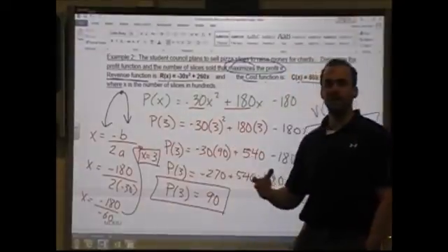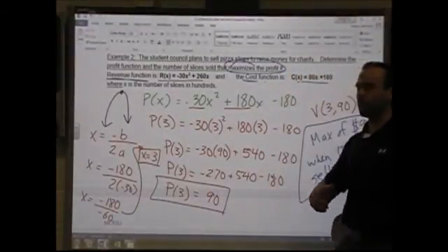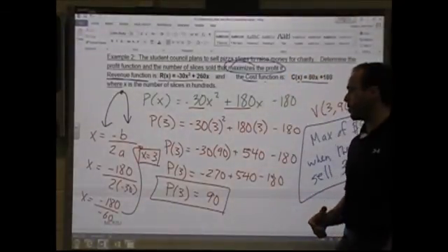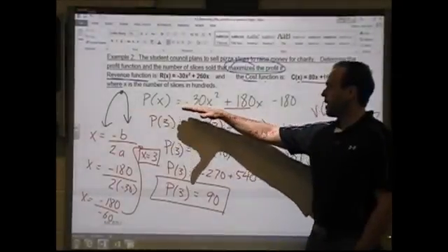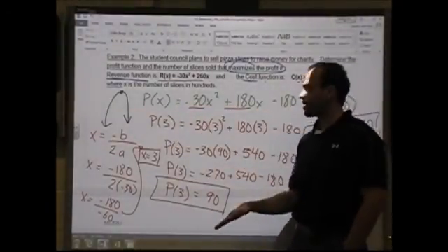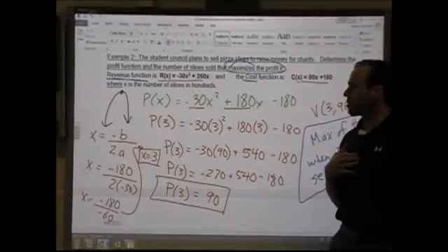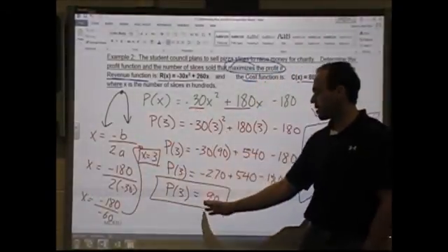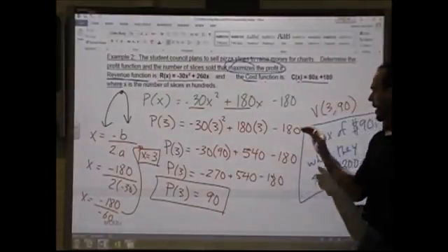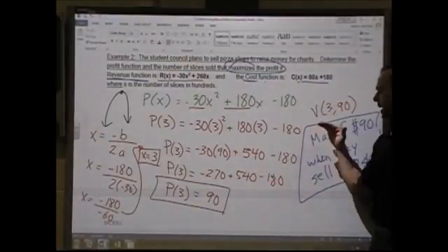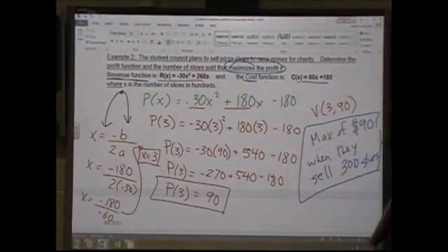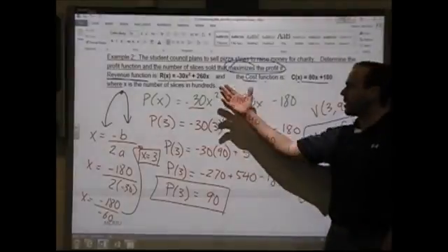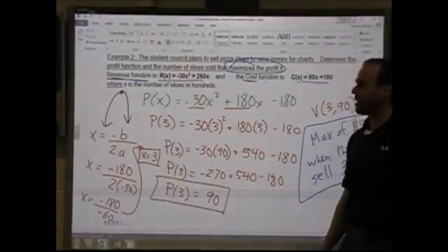The profit is the money that they actually get to keep after they've paid all their employees and so forth. So again, if you have this and you want to find the maximum, I personally wouldn't complete the square. I would use the equation of the axis to find the highest point, and then I have my vertex (3, 90), and I can tell you that the max is $90 when they sell 300 slices because x is in hundreds.